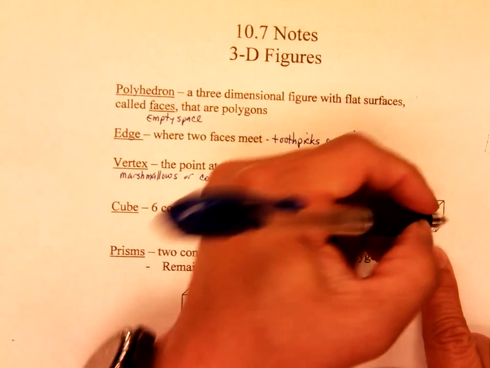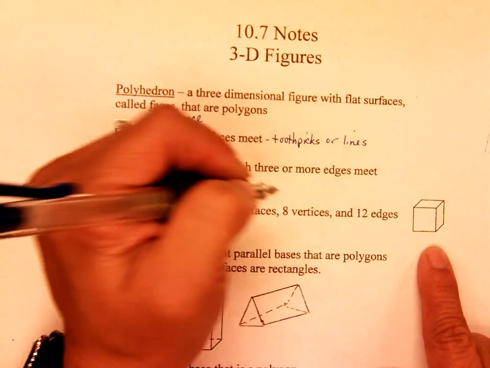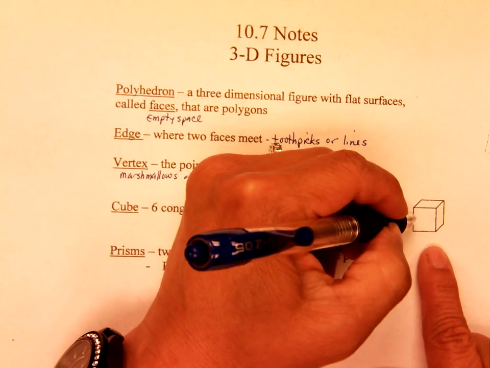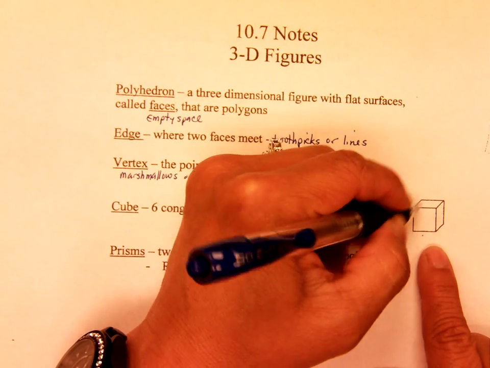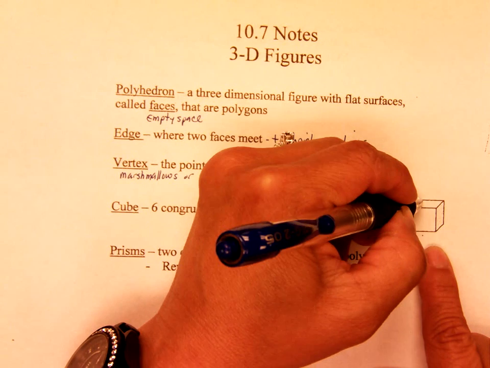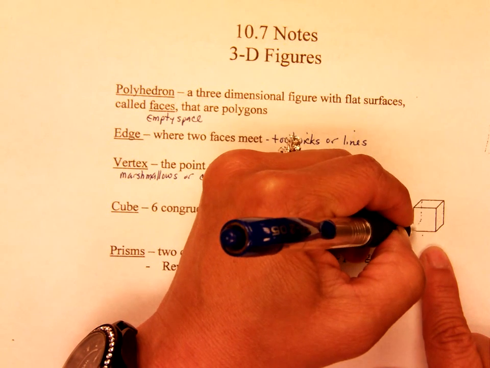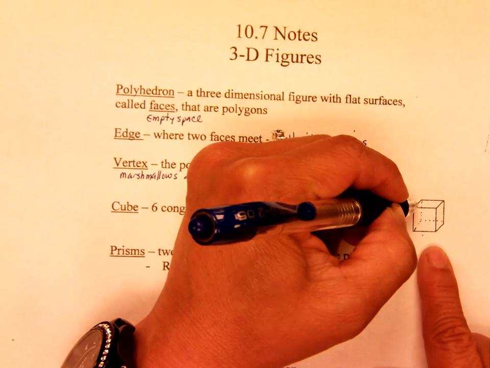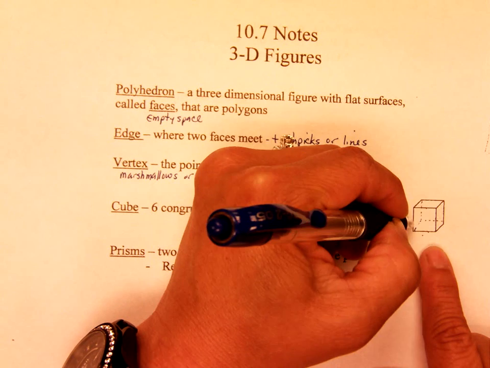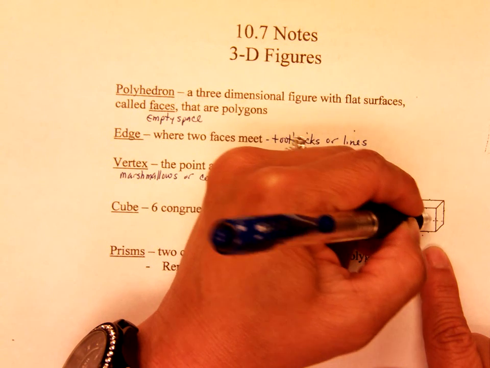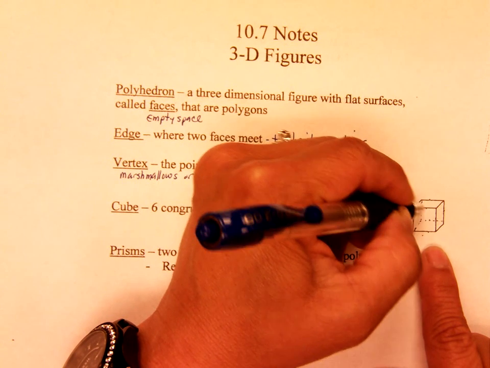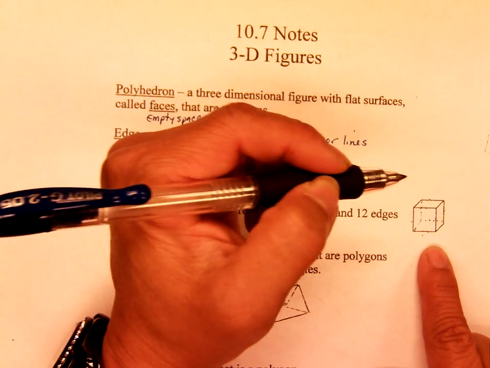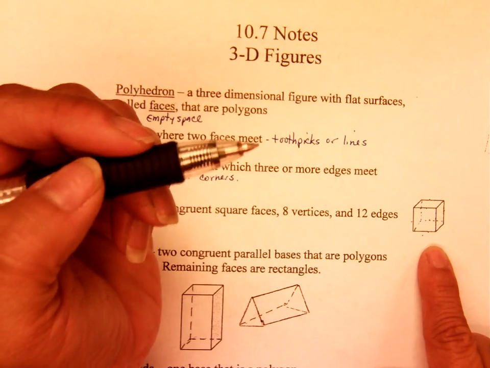Edges are your lines. Remember, these are your toothpicks. So it'd be 1, 2, 3, 4. Back has the same. Okay, if I drew this, you could see this. So 1, 2, 3, 4, 5, 6, 7, 8.